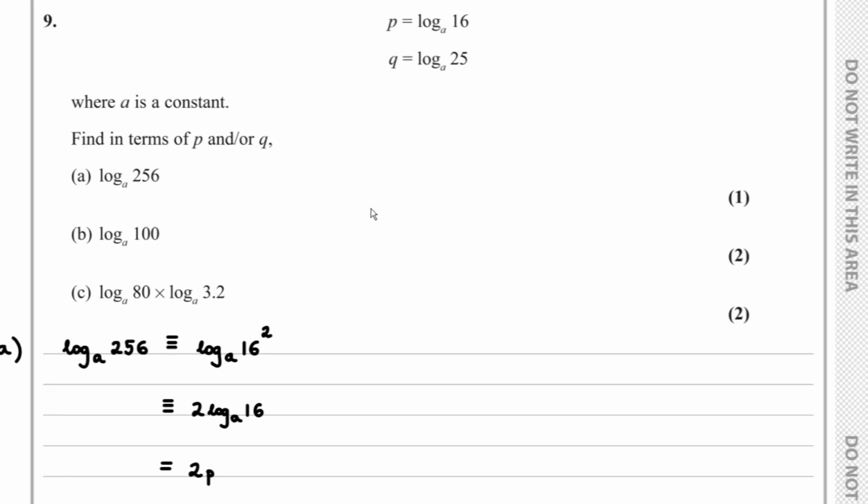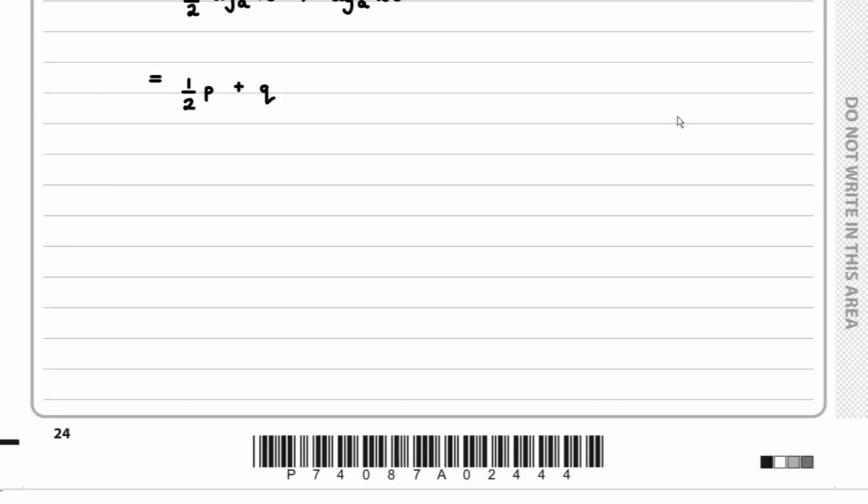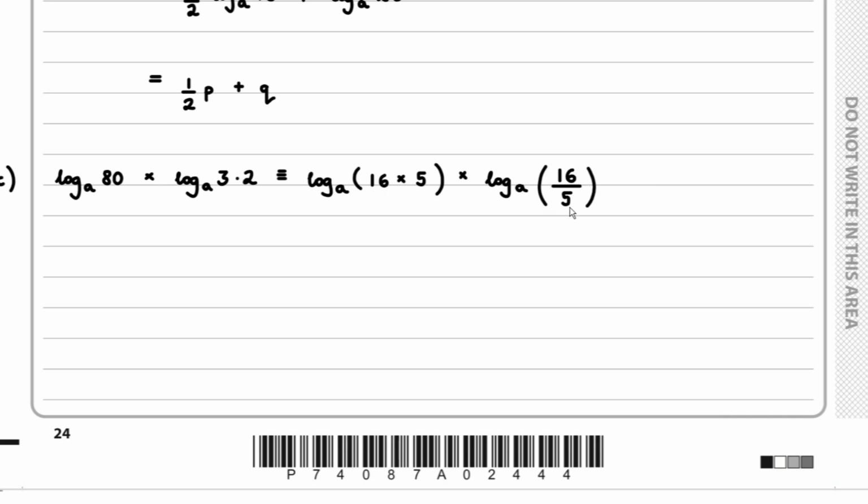Part C, log base a of 80 multiplied by log base a of 3.2. Log base a of 80 multiplied by log base a of 3.2, that's equivalent to log base a of 16 times 5, now 16 times 5 is 80, multiplied by log base a of 16 over 5. 16 over 5 is the same as 3.2.